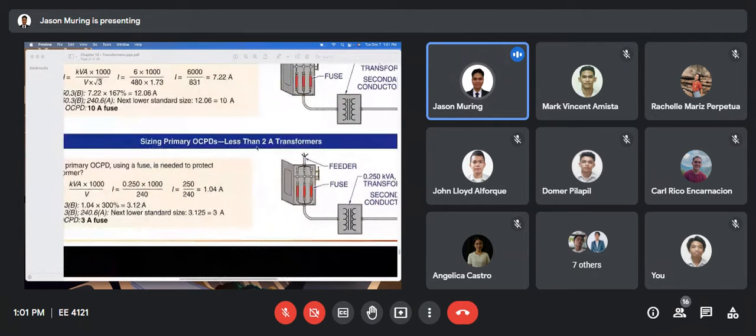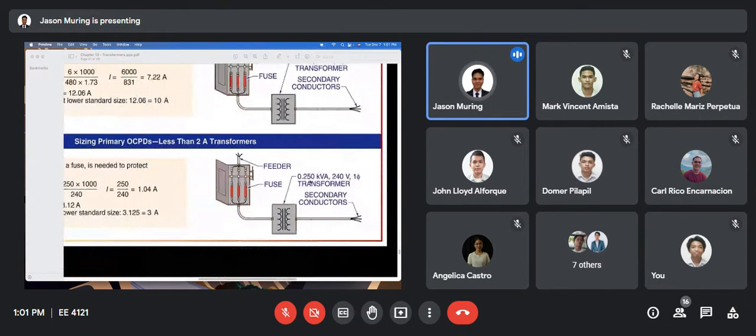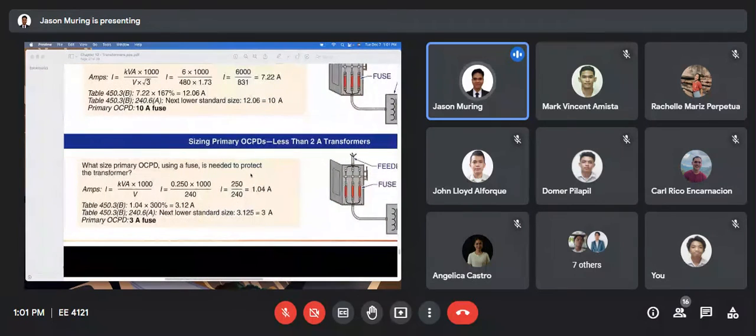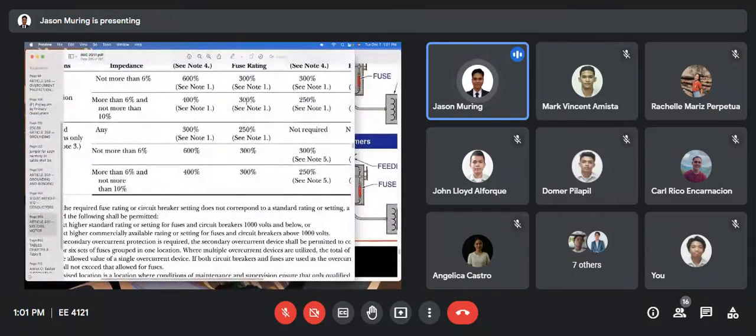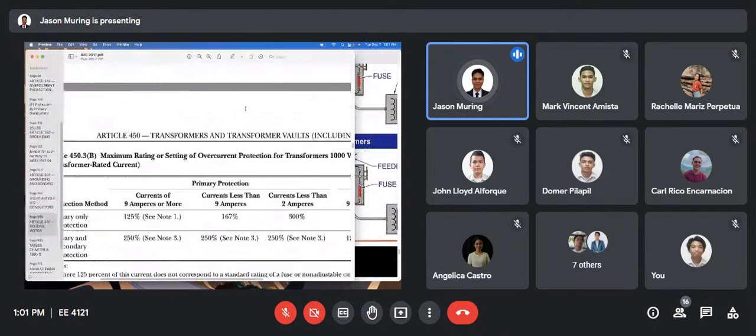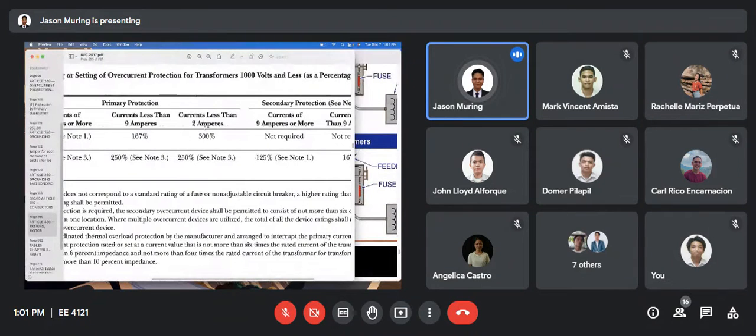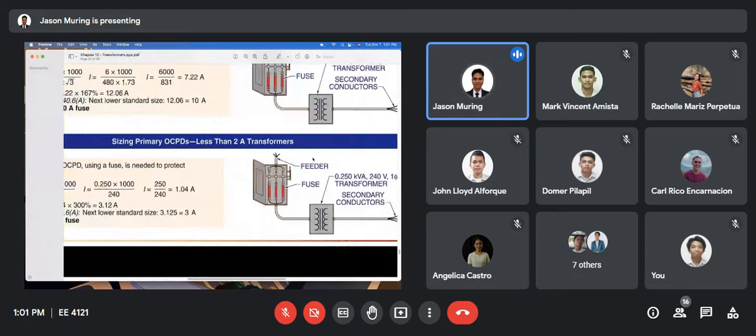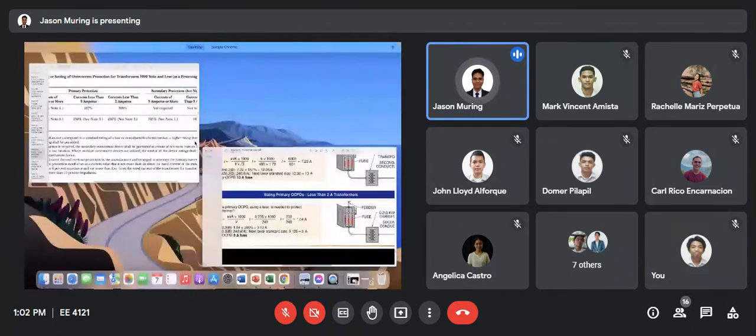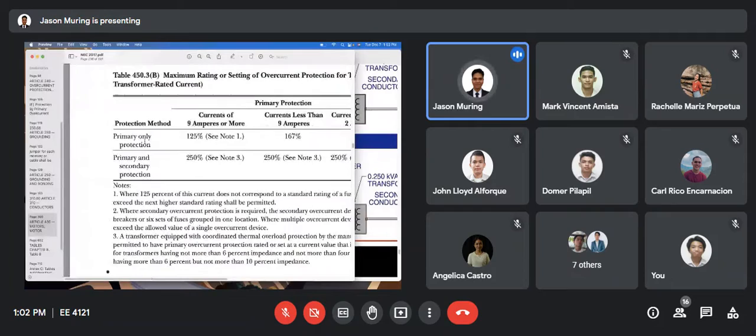Then how about here? So this is for 0.25 kVA, then 240. So if we calculate for the current, we have 1.04, so very small current. So it belongs to this one, less than 2 amperes. And we are to install only primary protection. So we use this primary only.